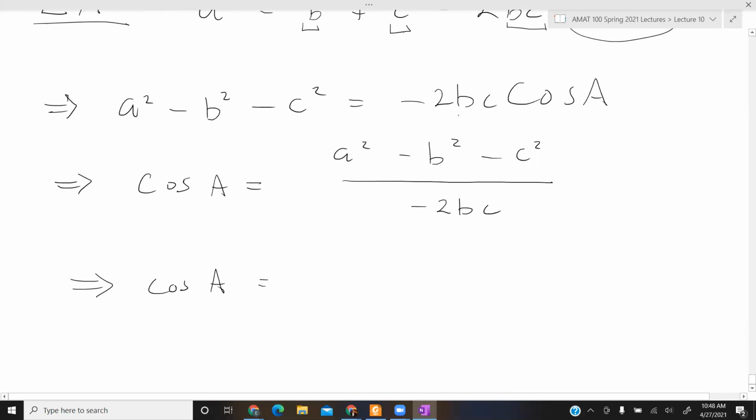First of all, I should point out I can divide by 2bc because we're talking about lengths of a triangle. We're never going to deal with a so-called degenerate triangle, in other words, a triangle with side lengths of 0. You can consider that a triangle in a strict sense, but it's not a very interesting triangle. So we can divide by 2bc.